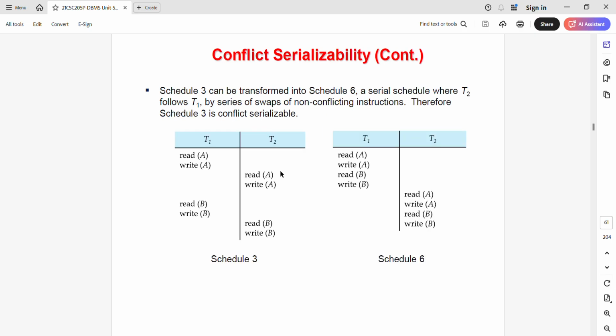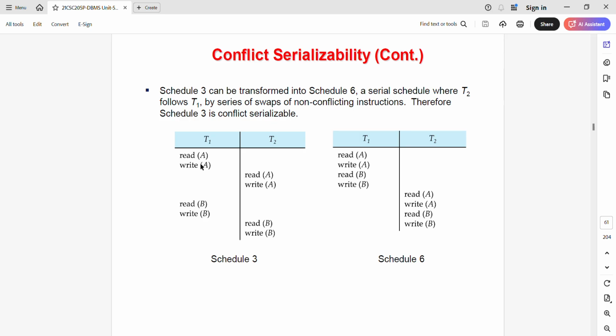This is a conflict serializability example. Here schedule 3 can be transformed into schedule 6, a serial schedule where T2 follows T1, by a series of swaps of non-conflicting instructions.